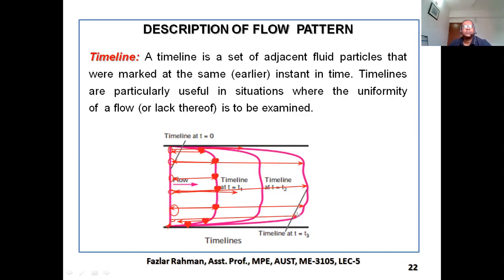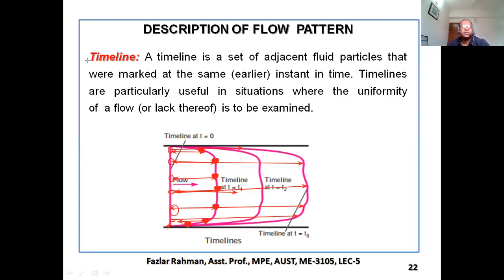Okay, so what is the definition? A timeline is a set of adjacent fluid particles that are marked at the same instant in time. Timelines are particularly useful in situations where the uniformity of a flow is to be examined. You would like to check whether the flow is uniform or not.